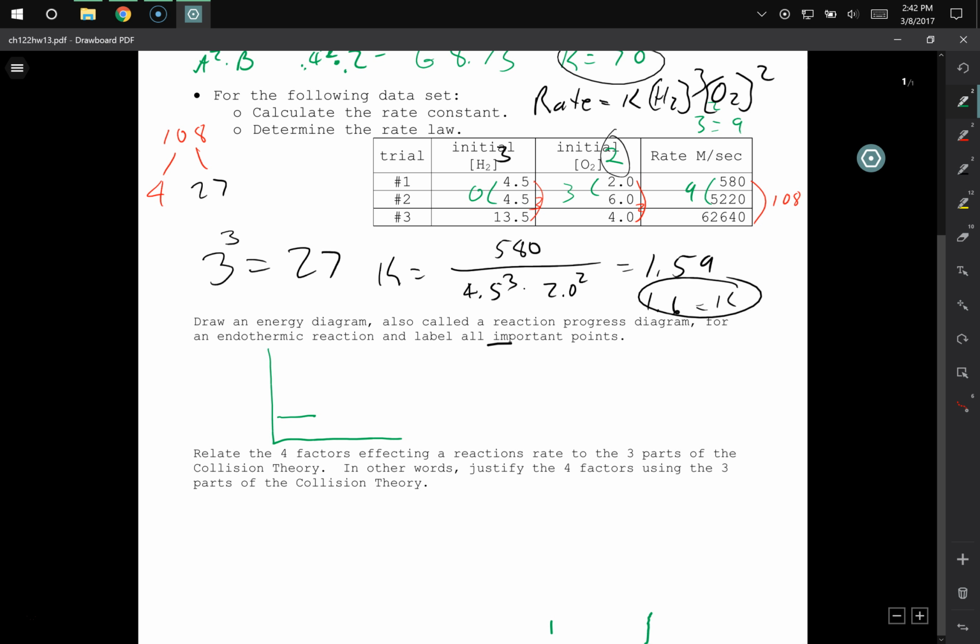You add some energy. I add some energy to do what? Activation. And then the energy of my products is more than the energy of my reactants. EA, and then delta G. This is energy, and this is progress. That look good?